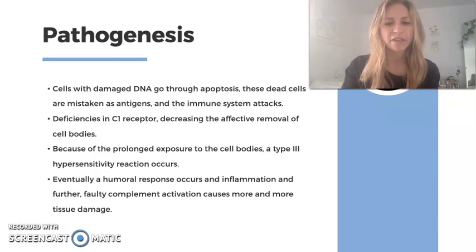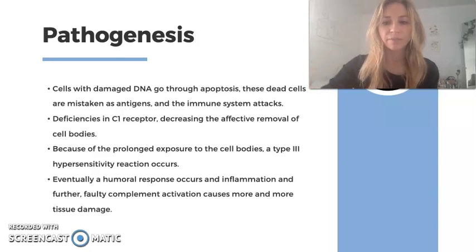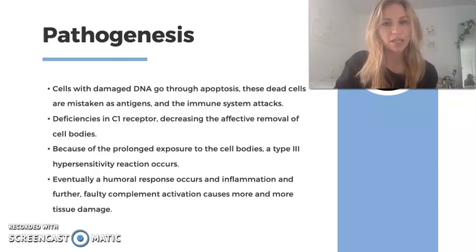And after death, the internal proteins of those cells are displayed on their outer membrane. Typically, in a normal immune response, the body will clear those cells away with macrophages or something like that. However, with SLE, these dead cells are not cleared effectively, and that is the issue. This is due to a deficiency in the complement proteins, most commonly in C1.